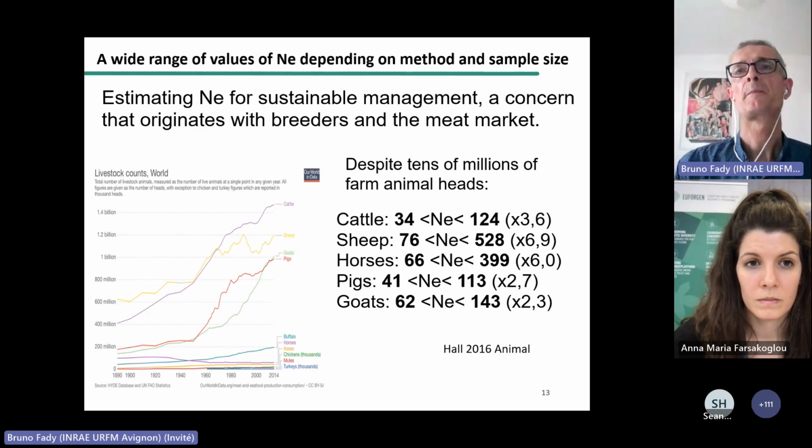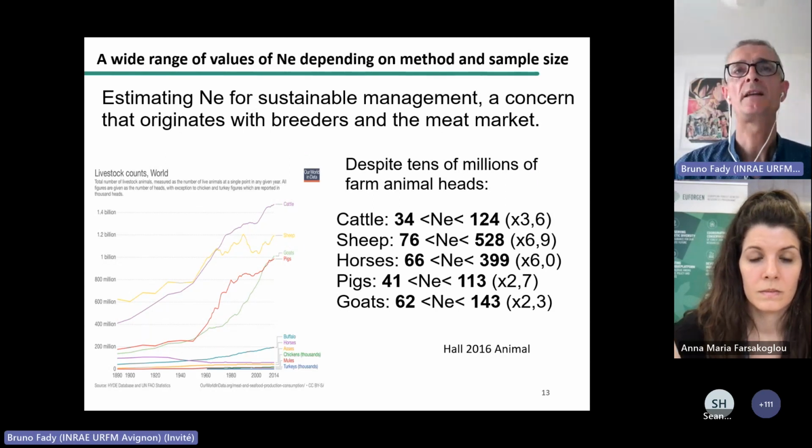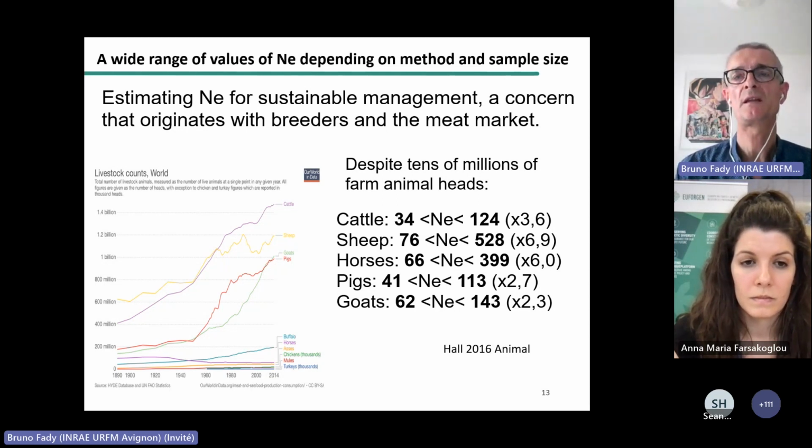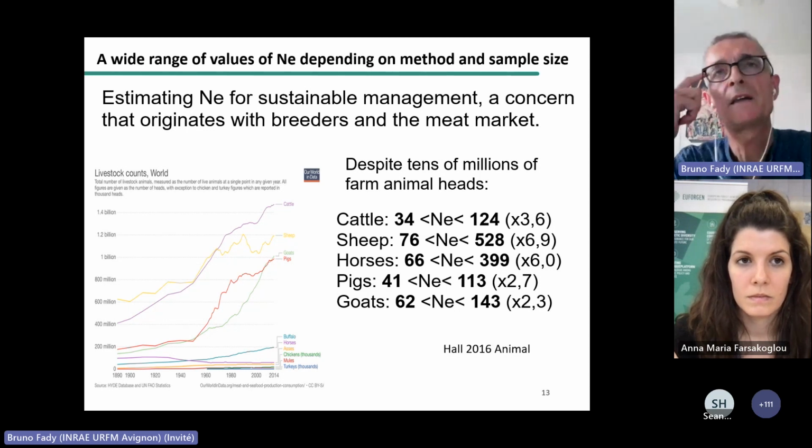Now let's look at the breeding literature and the reason, I think, why the concern started and why this concept was used to monitor changes and to be concerned about conservation and diversity. If you look at farm animal herds like cattle, sheep, horses, pigs, and goats, the graph on the left shows there are tens of millions of farm animal heads in the world, and actually NE, so effective population size, is very low.